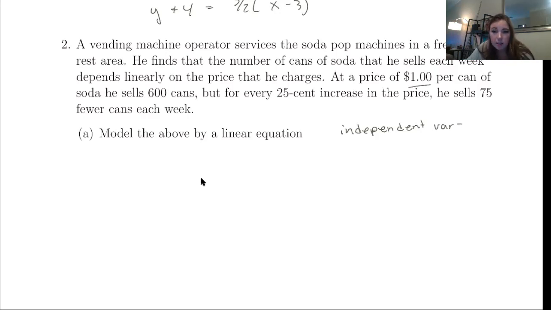I can change my price and the amount of cans that I sell changes. So that's definitely dependent on my price. So we'll say price, and we're going to call that x, just because I really like when x is our independent variable. And our dependent variable is the number of cans sold.